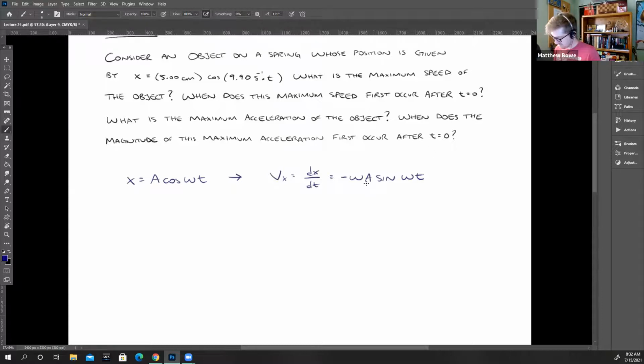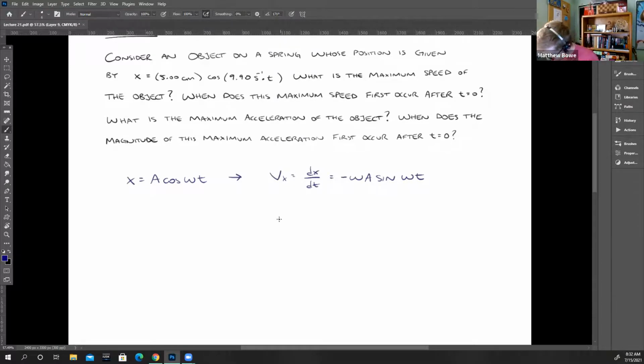Now let's place the values for this velocity.